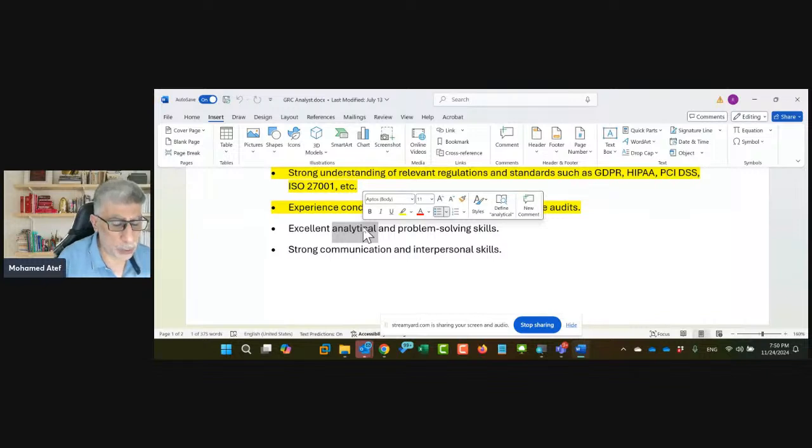So it's something that you can work on, your analytical skills. You need to get the skills where you can understand the business, how it operates, what the dependencies are, what kind of risks they have. So it's not technical at all. It's more about understanding the business and its dependencies.